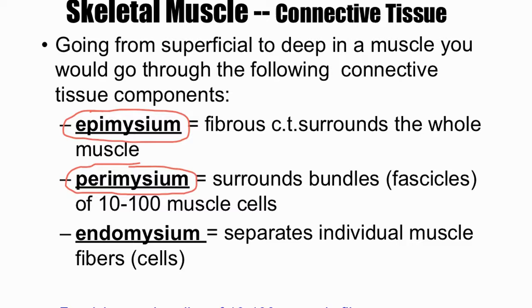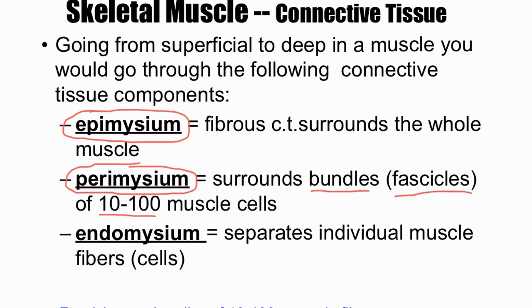And this is what's going to surround these bundles, or fascicles, within the muscles. These fascicles are just bundles of muscle cells. You get anywhere from 10 to 100 cells in a bundle that makes up a fascicle, enclosed within a sheath called the perimysium.